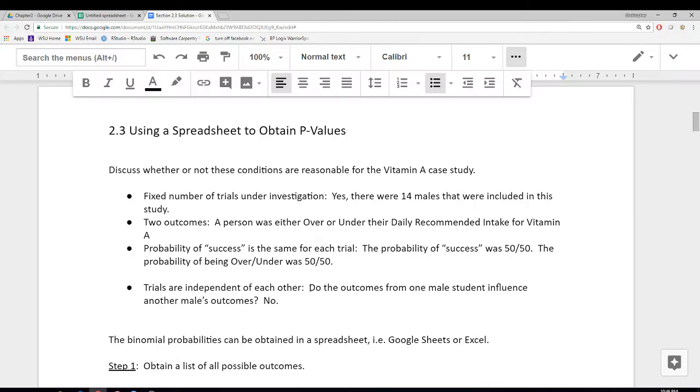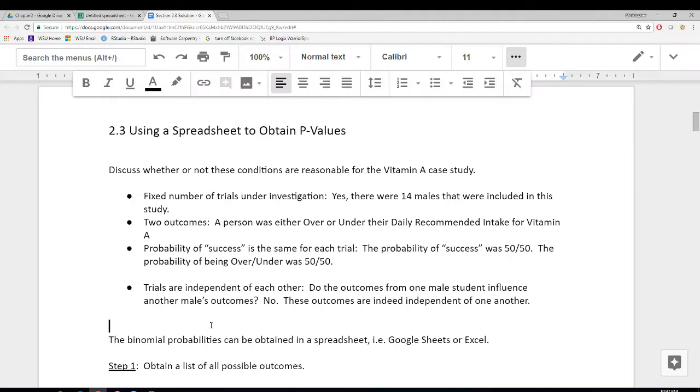What one person eats in this particular study is probably not influenced by what another person eats in this study. So I'm going to say that these outcomes are indeed independent of one another. So it looks like the conditions for the binomial probability model are met for the vitamin A case study that we considered up above.